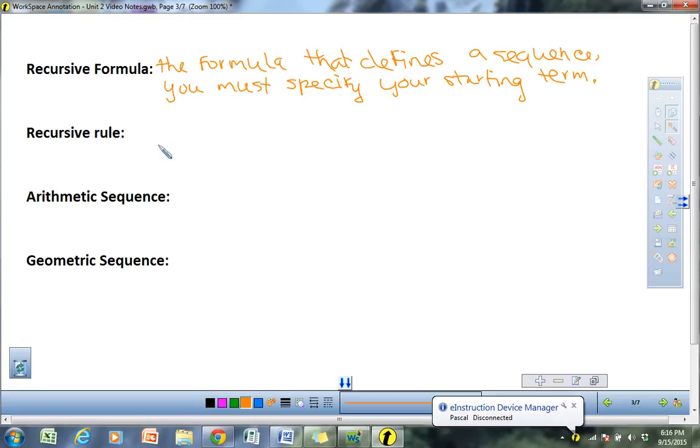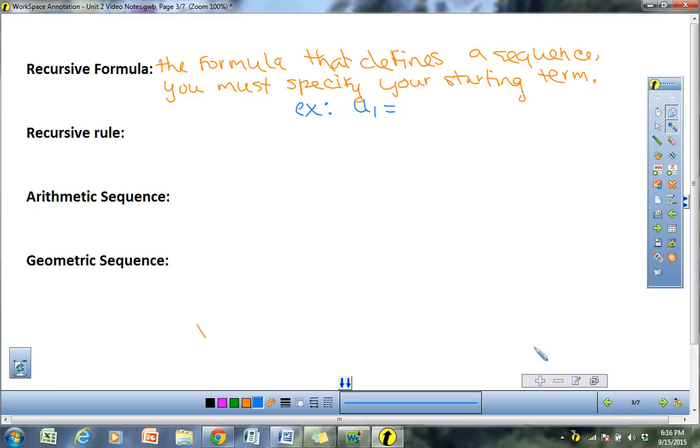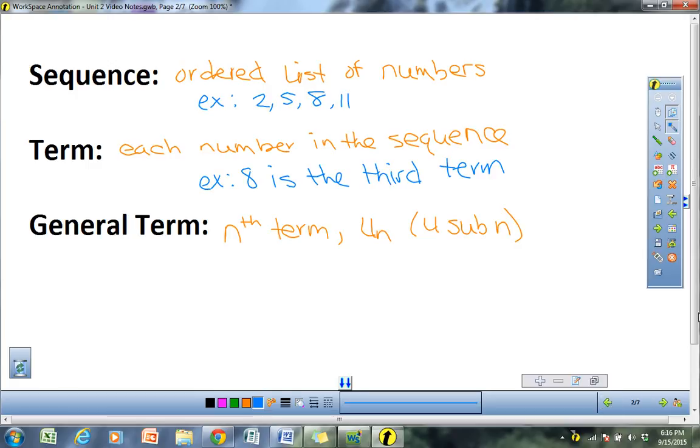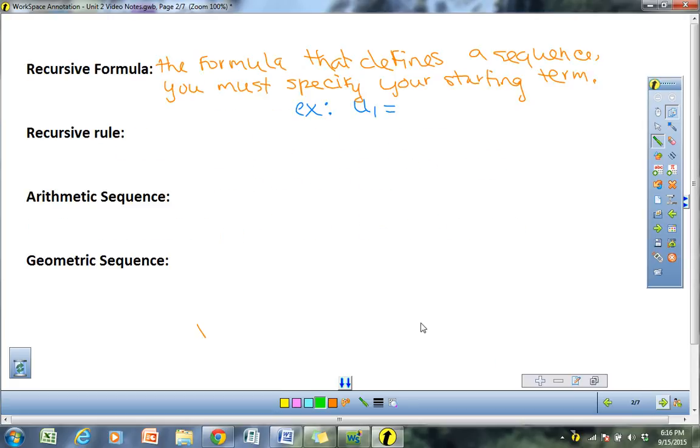Alright, recursive rule. Actually, I'll do the example now. So the example for our starting term in our last sequence would be U sub 1 equals, and if we go back, our first term there is 2. So U sub 1 equals 2.